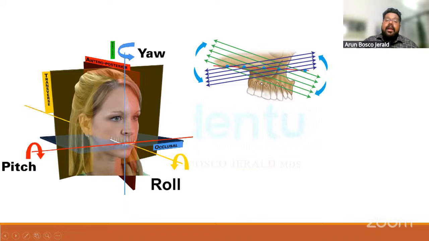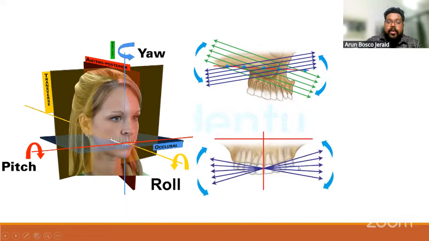Now about roll. Roll is again upward and downward rotation of the bone or an arch, but the axis has changed. Here the axis is antero-posterior, and the rotation takes place in the coronal plane.